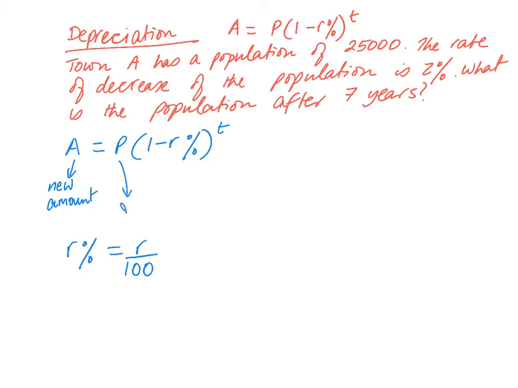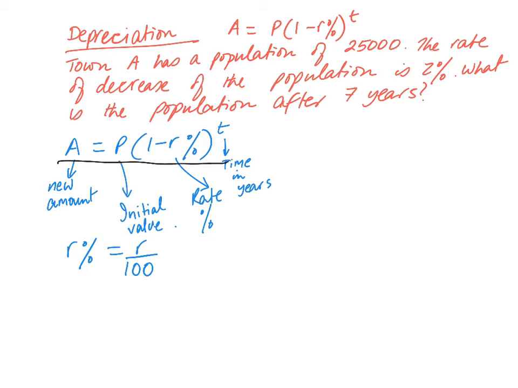This is our initial value, initial amount. This is our rate percent, and this is our time in years. So again, let's block this. That's what you're looking for. This is another important thing you want to remember, right?